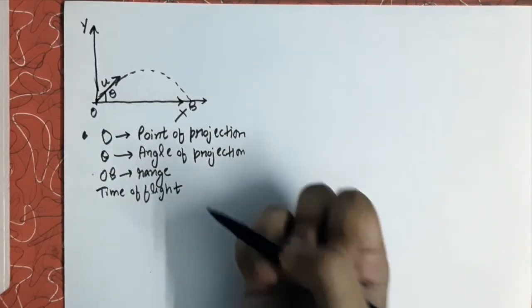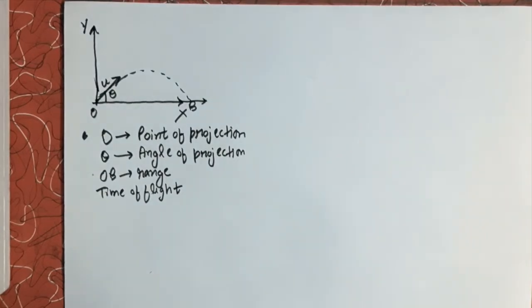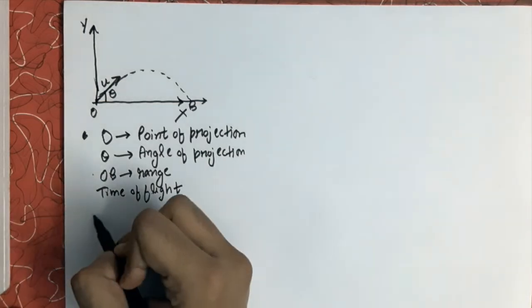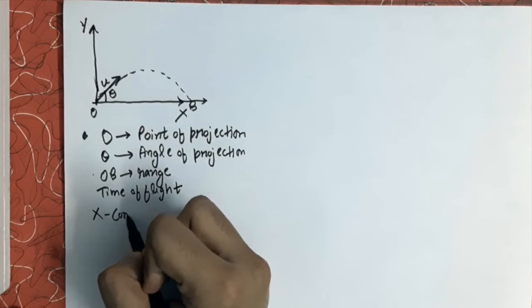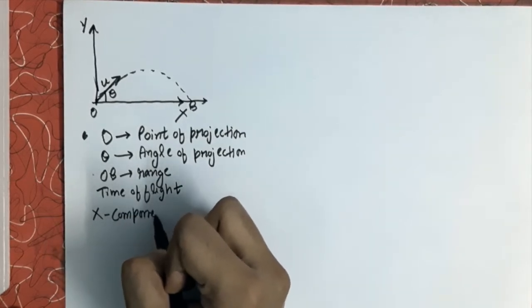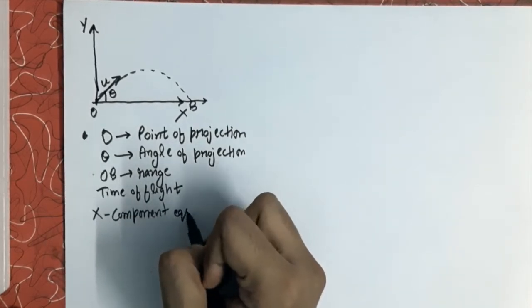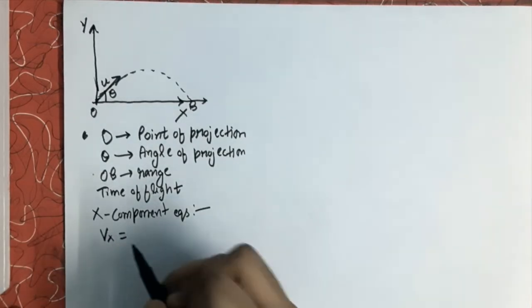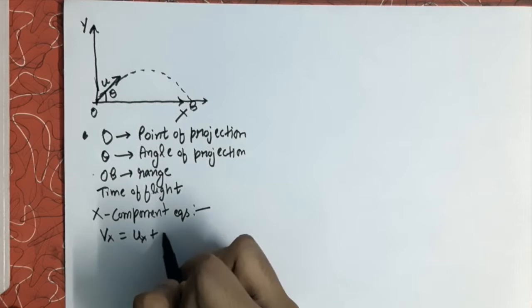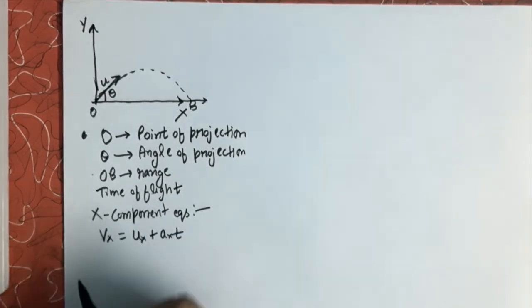So we need to know what the equations of motion are here. Since it is in two dimensions, every variable would have x and y components. Therefore, we can write the equations as follows. The x component equations will be Vx is equal to Ux plus Ax into t.